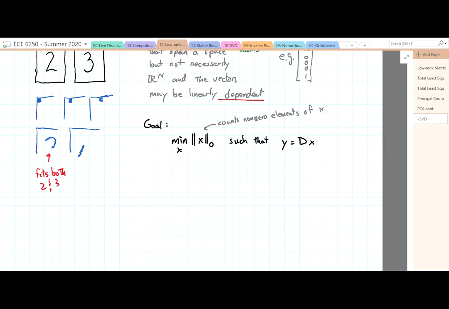In practice, this may not be achievable in any kind of real practical way. So we might have something like the norm of y minus Dx is less than or equal to some epsilon.